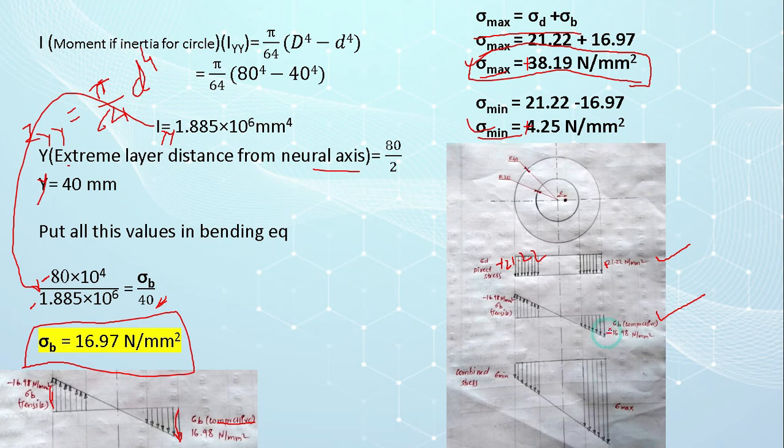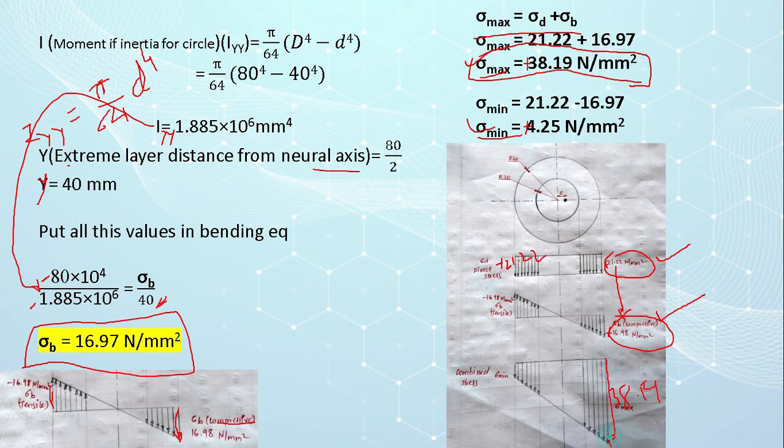This is a plus 16.98. So addition of these plus these gives the maximum stress, which is equal to 38.19 Newton per mm square.